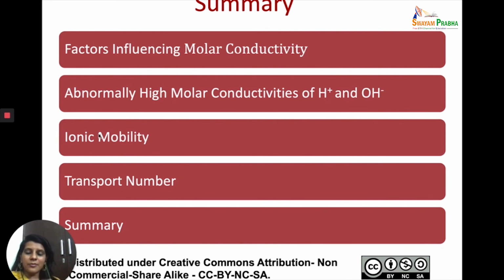Then we understood what is ionic mobility, how it is related to ionic speed, and what is the role of ionic mobility in explaining the molar conductivity. Then we also defined a term called transport number, which is the fraction of the total current carried by the ions. We will be working more on the transport number in the next few classes.